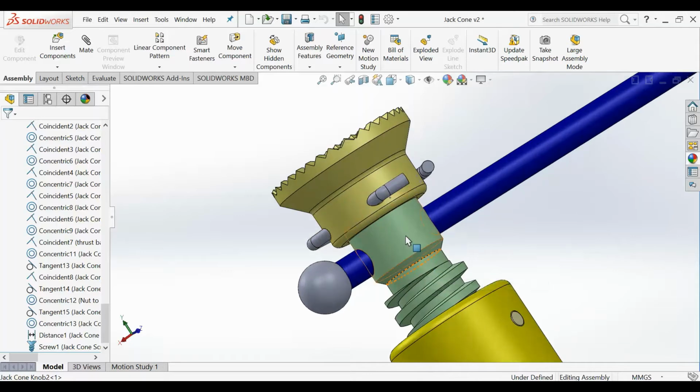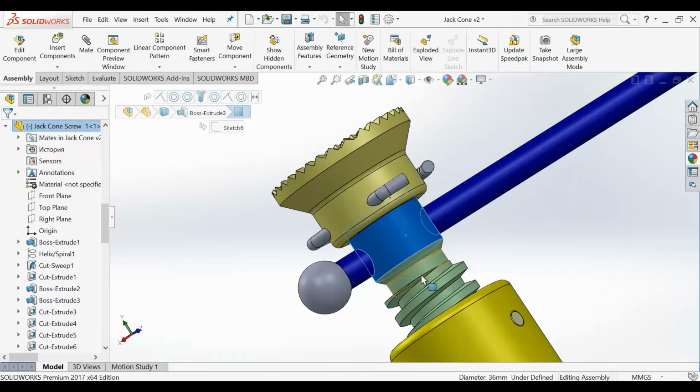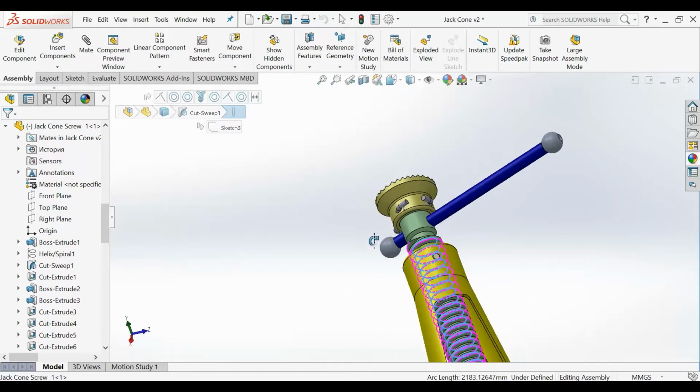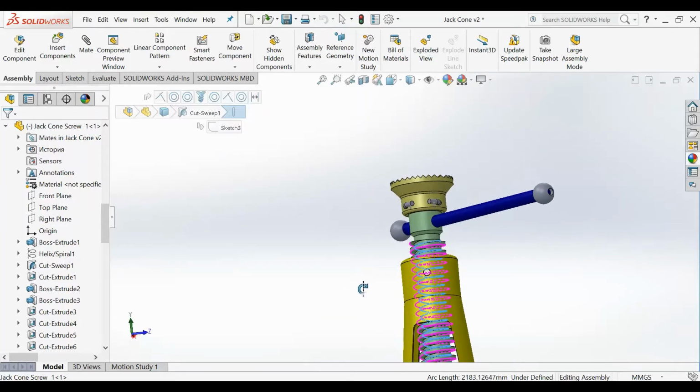Next element is this power screw. It converts rotational motion into linear together with a nut. It transmits to the nut the external axial force from the bearing and the driving torque from the handle.